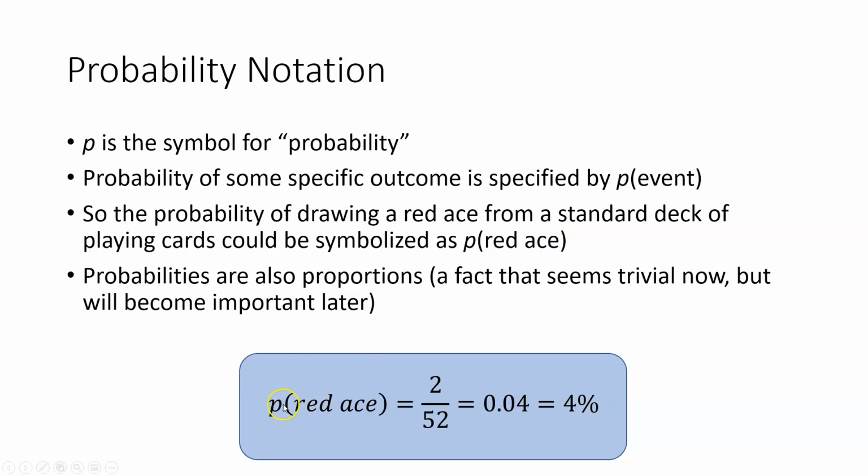So the probability of obtaining a red ace would be 2 red aces out of 52 total cards, and we would say that that's equivalent to a proportion of 0.04 or 4%, which is also to say that it's the probability of 4% drawing a red ace. Probabilities and proportions are actually equivalent to each other, a fact that seems trivial now but is going to become important later.